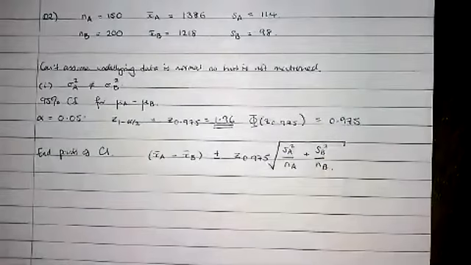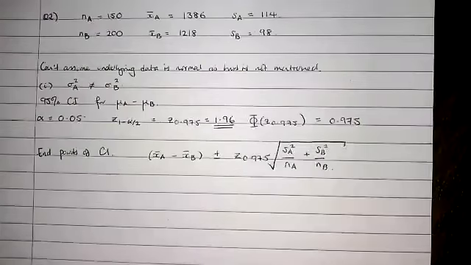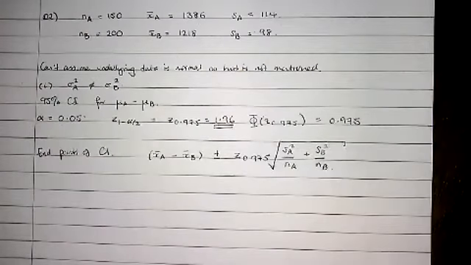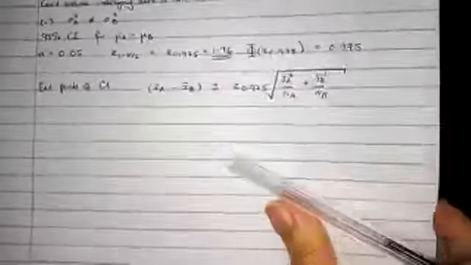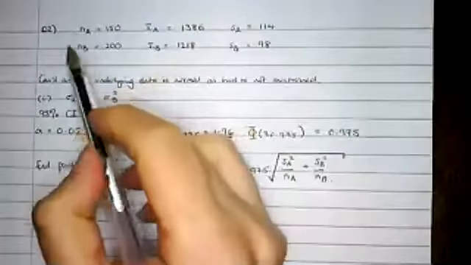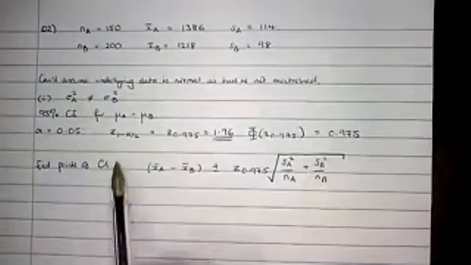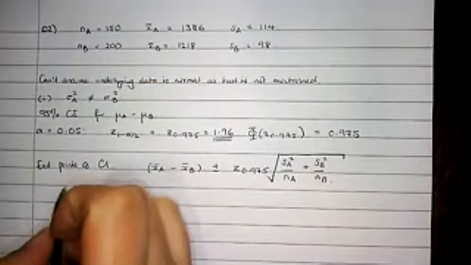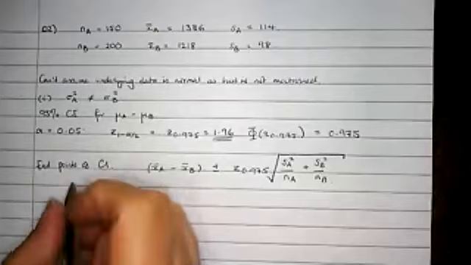These are going to be the endpoints of the confidence interval in question. So you should now be able to plug in all of the values that you were given in the question into this equation and get a 95% confidence interval.